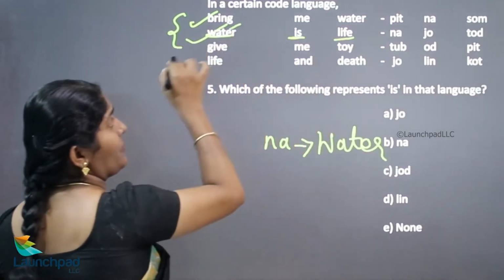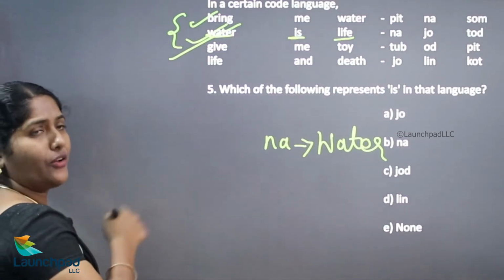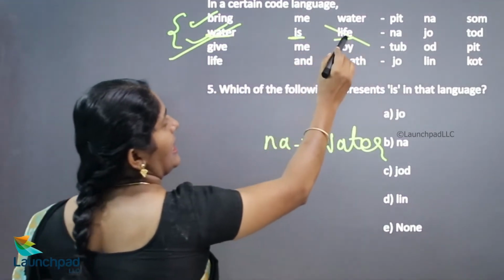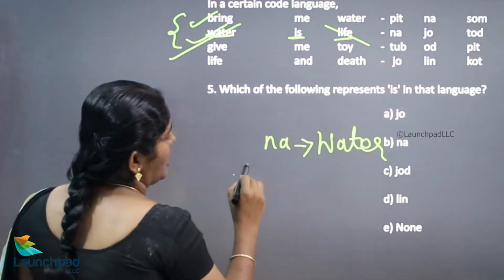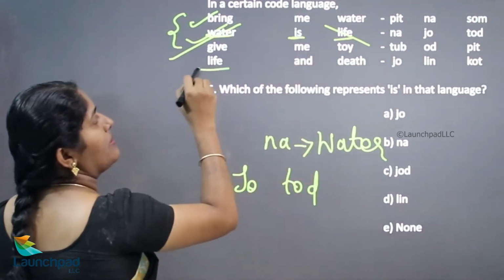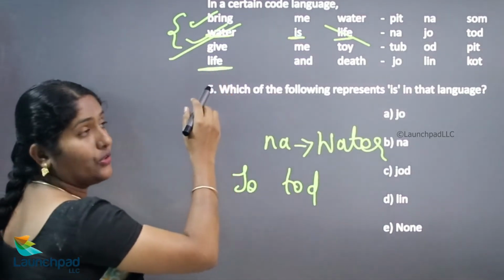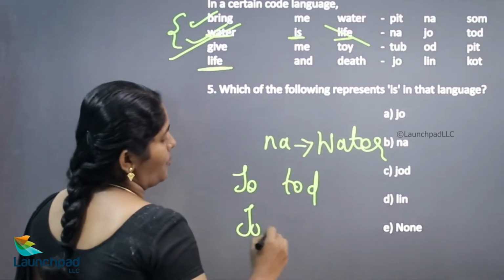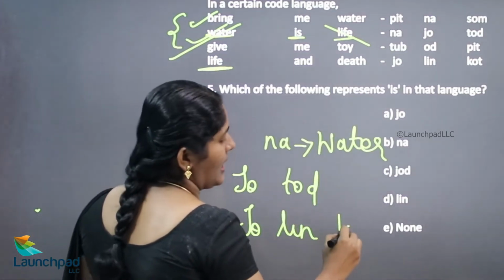After that, first of all, we want to find out the code for life. The life code is available in the fourth sentence, which has JO ling KOT.